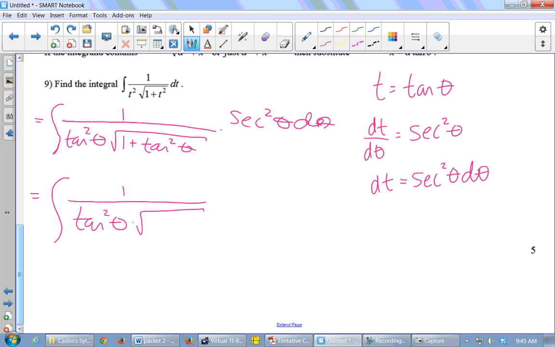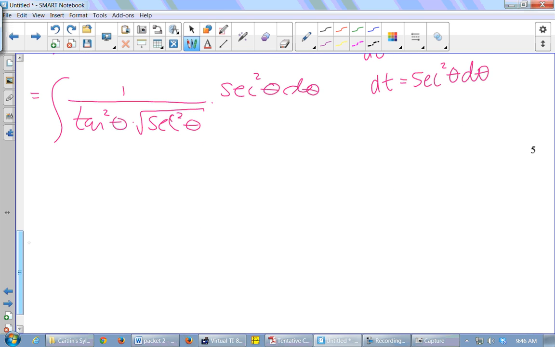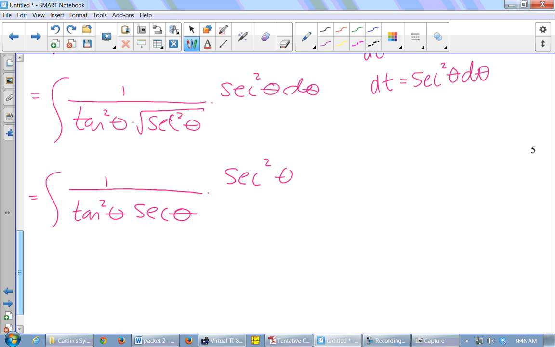Times the square root of secant squared. Okay, so the square root of secant squared is plain old secant. So this is the integral of 1 over tangent squared theta secant theta times secant squared theta d theta.